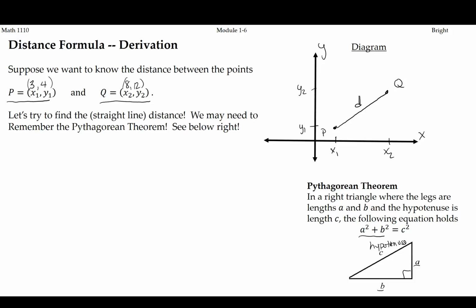So what I want to do actually is make a right triangle. And how do I do that? Well, I remember that the Cartesian coordinate system is a rectangular grid. So let's see if I just look at horizontal movement, and then if I just look at vertical movement, this is actually going to be a right angle.